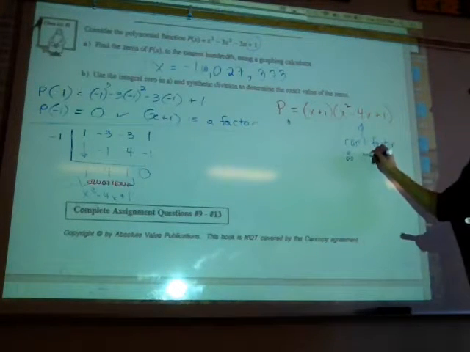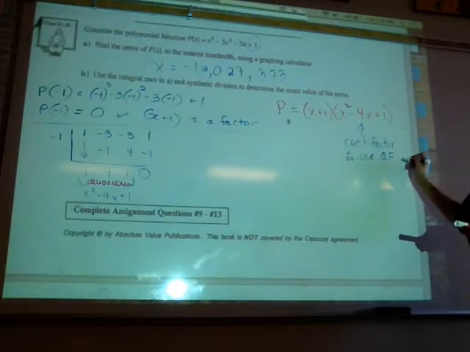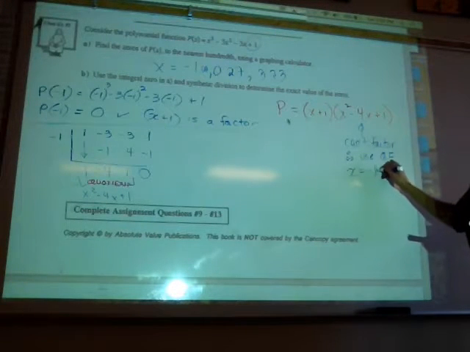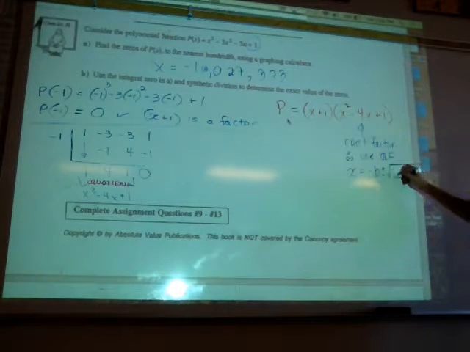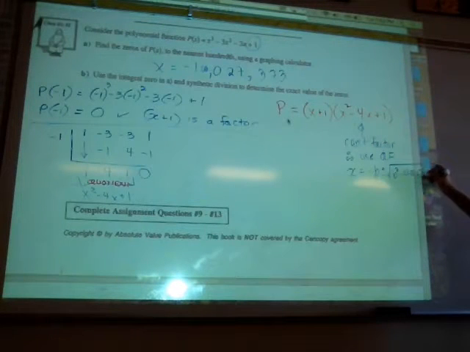Therefore, use the quadratic formula, which is x equals negative b plus or minus the square root of b squared minus 4ac all over 2a.